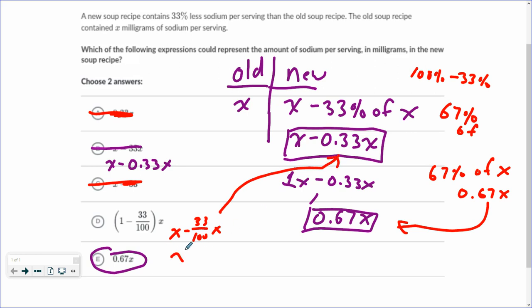So this is x minus 33 hundredths x. So sorry for all the mistakes there, or the little glitches that keep coming up. I apologize for that. So this is the same as this one here. So this one will also tell you how much is in the new formula.